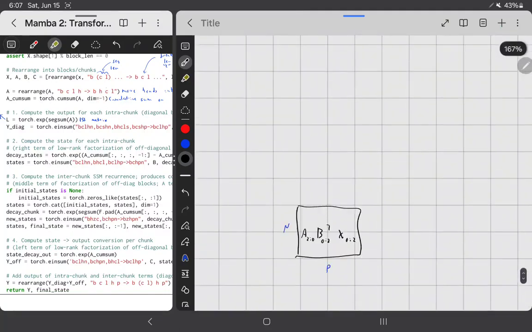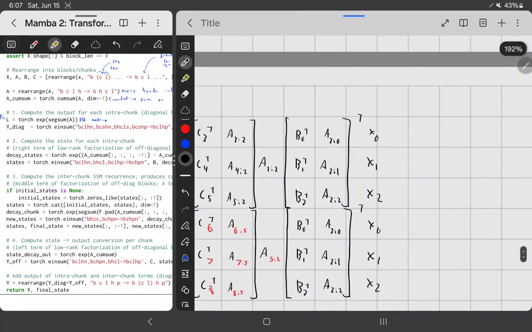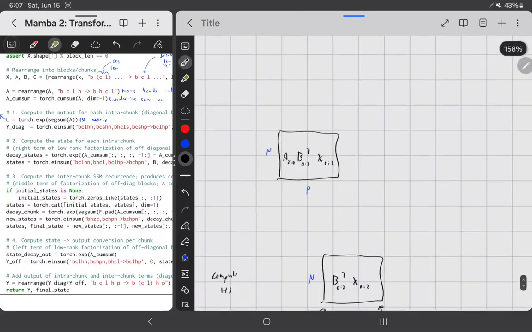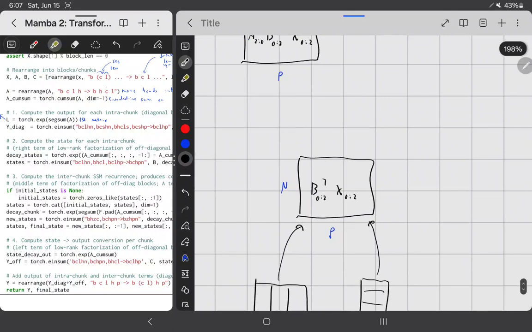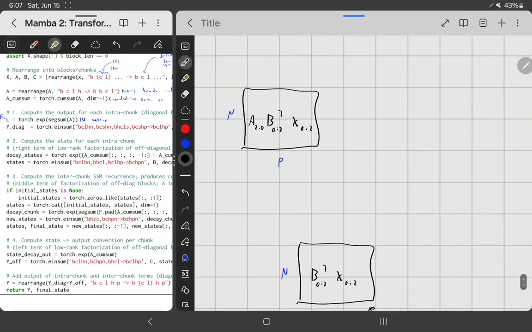And it actually wouldn't be A from 2 to 0. It would be A from 2 to 0 for your first matrix, A from 2 to 1 for your second, and A from 2 to 2 for your third, depending on the A values.